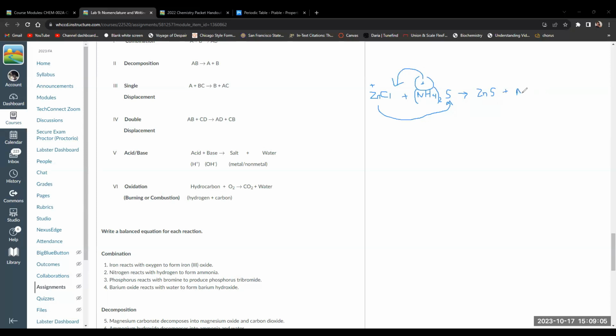So we have NH4Cl. You're never going to have positives and positives together in double displacement, or negatives with negatives. So it's always plus minus plus minus.